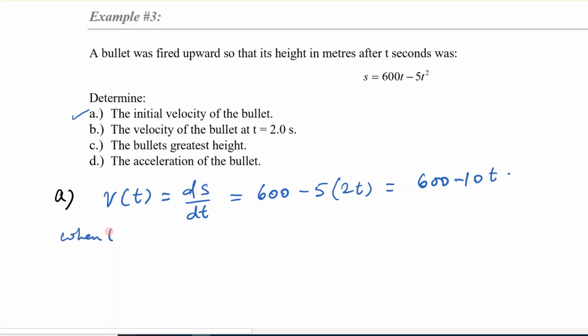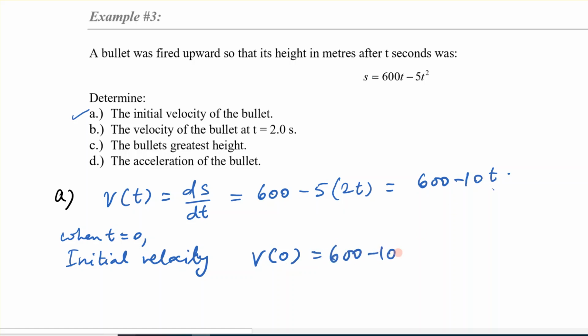So when t equals 0, you simply plug in t equals 0. So v0 would be 600 minus 10 times 0, which is 600, and velocity is in meters per second, because height is given in meters and time is given in seconds.